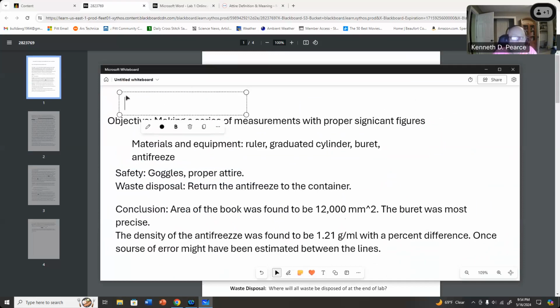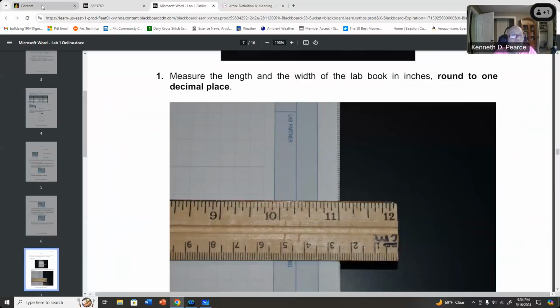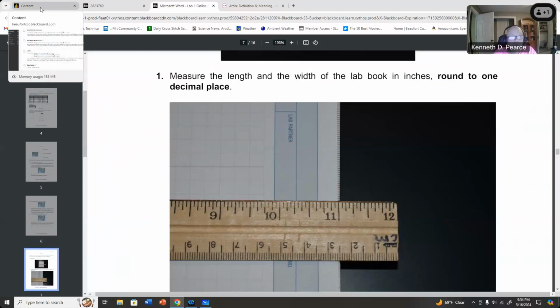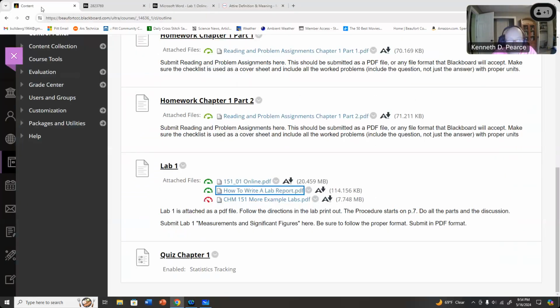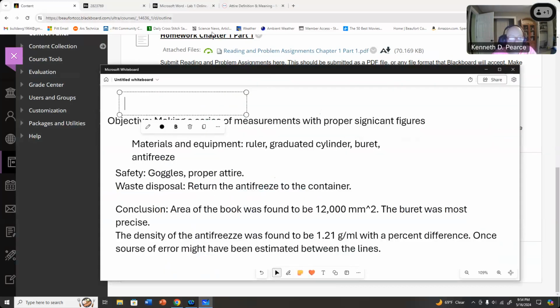What does it say? Let me go ahead and find it here. It says measurements and significant figures. There we go. You just get that off the lab.